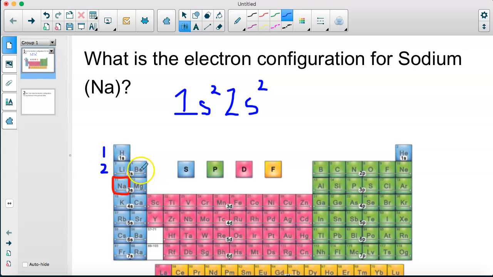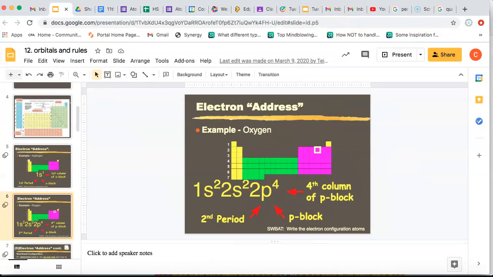Okay. All right, so after elements 3 and 4 come elements 5, 6, 7, 8, 9, and 10. And they're in the 2p group. So it's 2p6. Okay. So why is it 6 instead of 2? Well, let's think back to our orbital diagrams.